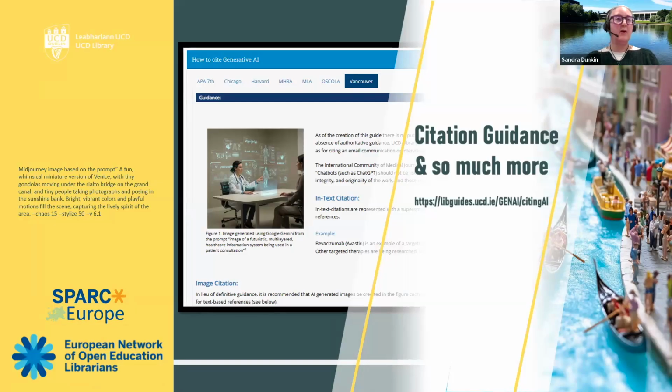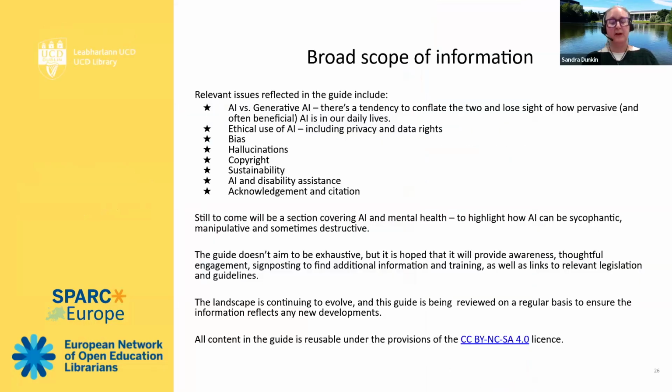We also provide structured guidance for citing AI within this guide, which is replicated on each of our individual style guides for reference so that students and faculty can come to that information by whichever means is most appropriate to them. Next slide.